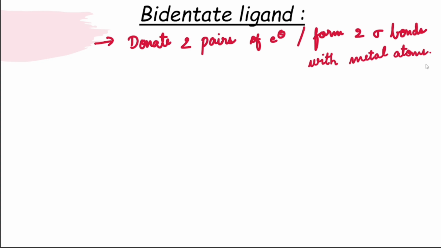Now let's see the examples for the bidentate ligand. The first one is ethane 1,2 diamine. We can represent this as en.